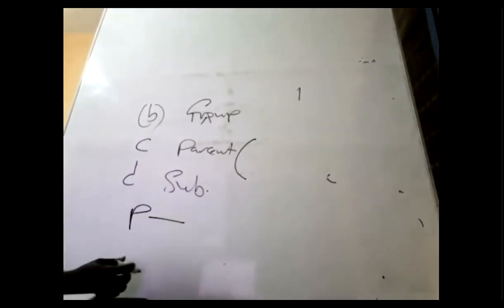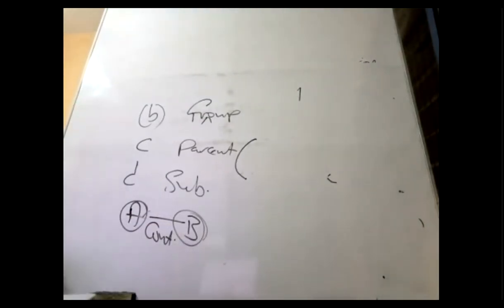Now let's go to control. Very important. If A controls B, then we say A is a parent, B is a subsidiary. So what is this control that we are talking about, and how do we define control?